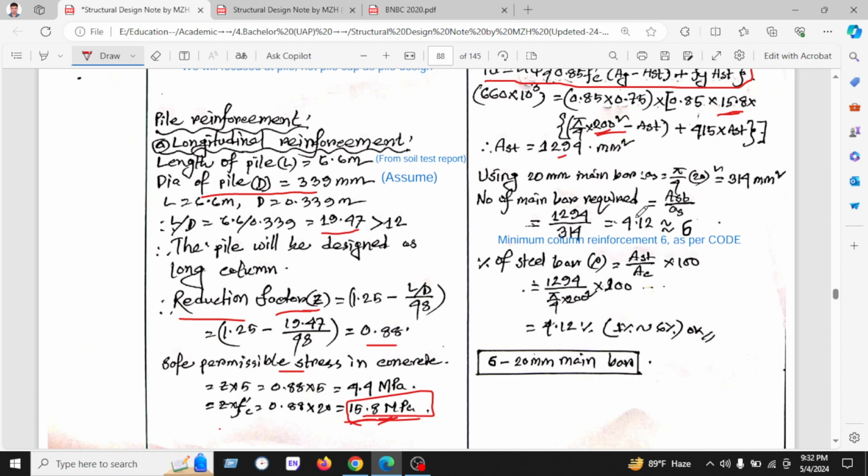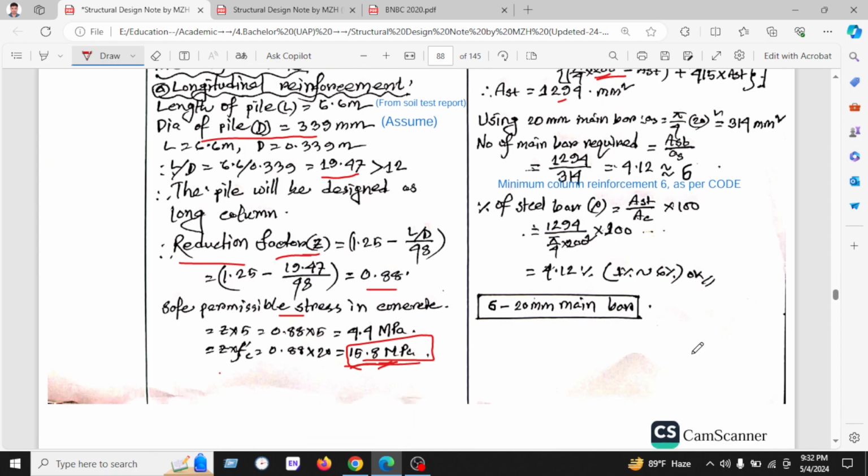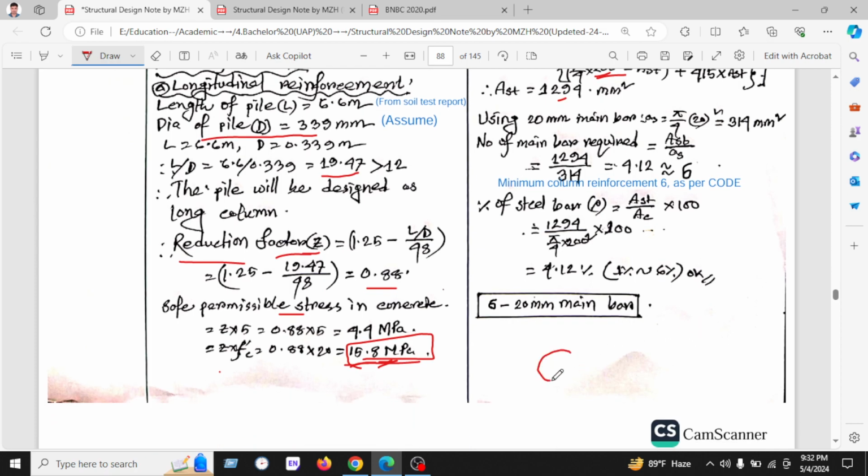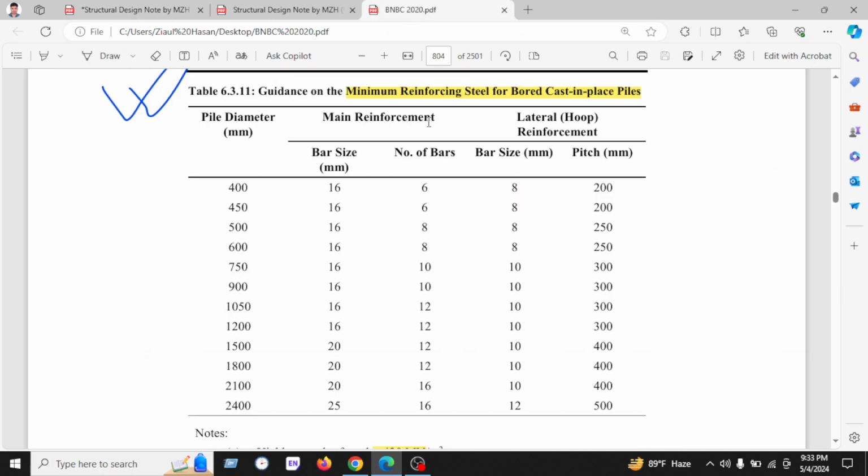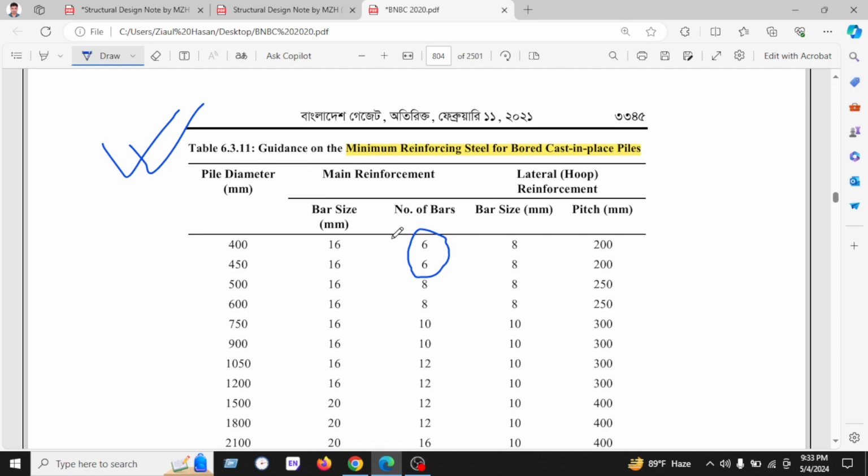So as we know, there is a minimum reinforcement for a pile or spiral column. The minimum main bars should be 6. That's why we have used 6. If you go to the section in the code provision, you must see the minimum reinforcement is 6. There is no reinforcement less than 6.